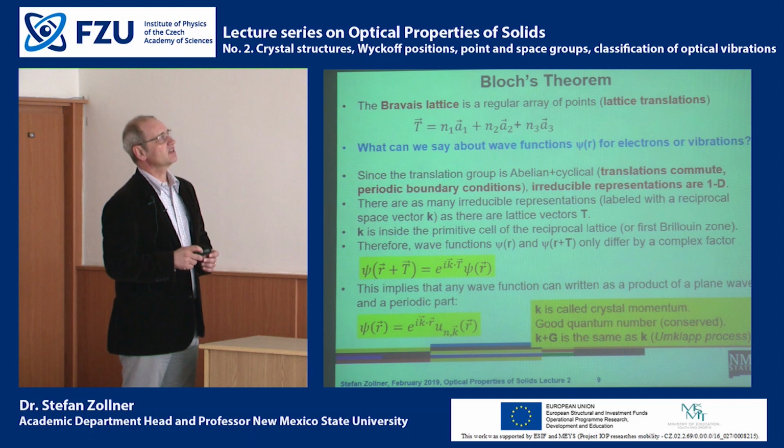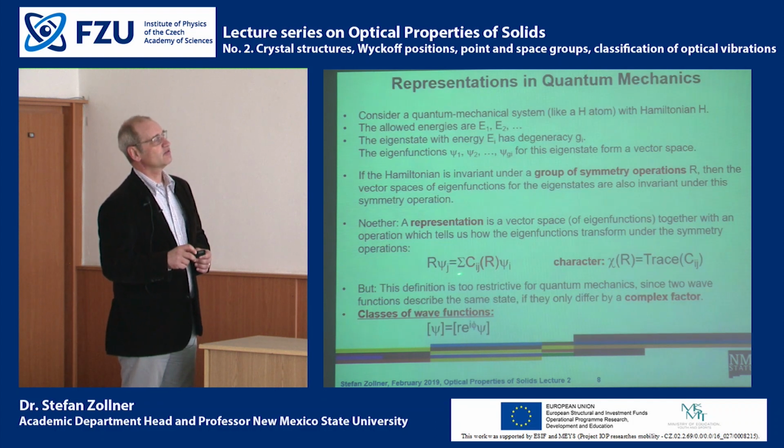I mentioned earlier that the translational group is abelian and cyclical. Because the group is abelian, all the irreducible representations are one-dimensional. That means for the translational group, I don't have to worry about these complex coefficients.